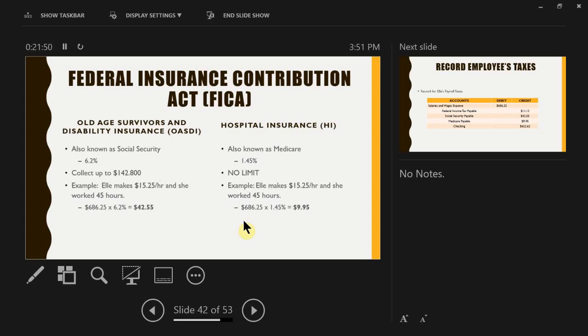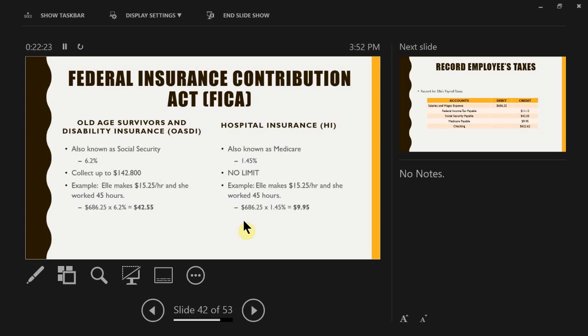It's the straight gross wage, and then you multiply it by the 6.2% to give you a total of $42.55 that she's going to pay into the tax. So take a look at that. Per paycheck, it's only $42.55, so roughly $45 per paycheck. And if she gets 52 of those, you could see how long it's going to take to reach that $142,000. It's going to take her forever.